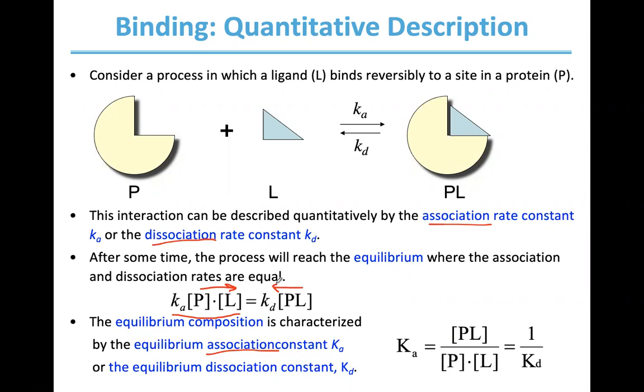When these are equal, we say that the process has achieved equilibrium, and you can express it using these equilibrium constants. So now this is the equilibrium constant for association, and the equilibrium constant for dissociation, which is the reciprocal of that, right?